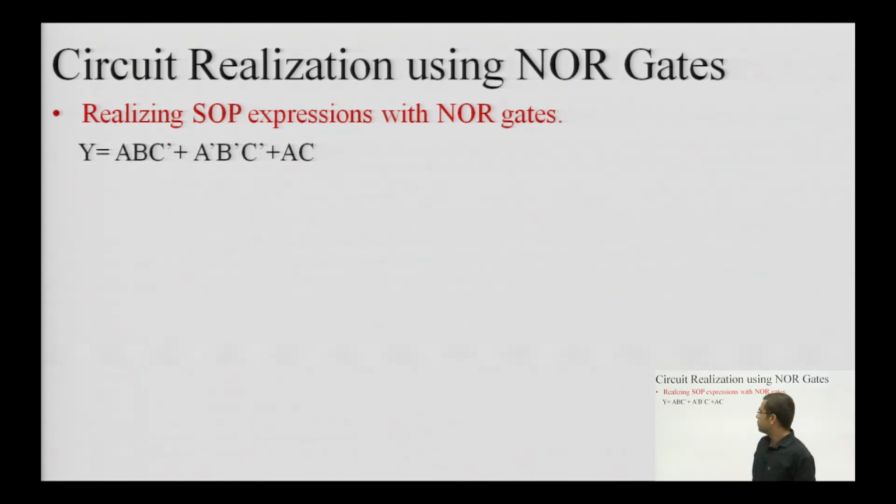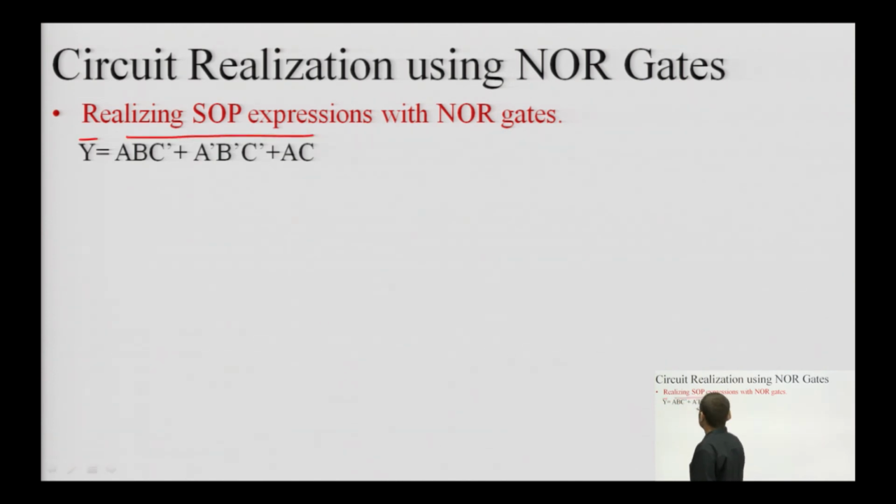So, similarly, now if I ask to prepare the NOR based realization of an SOP expression. Okay. So, for this I should be very much clear that these SOP based structures can be realized with the help of NAND gate very easily, but for NOR gates the structure has to be in the form of OR AND or POS like structure. So, for this I am complementing this, that means, I am generating Y complement.